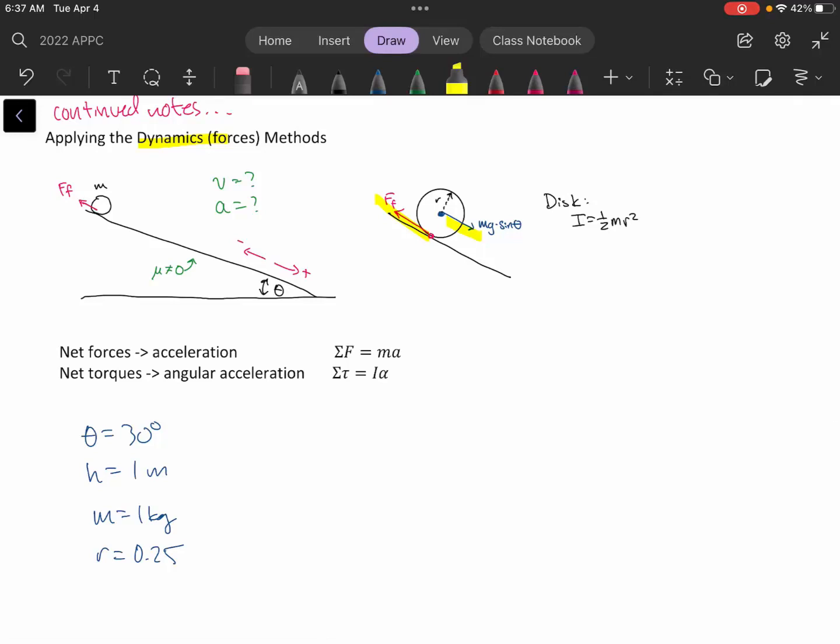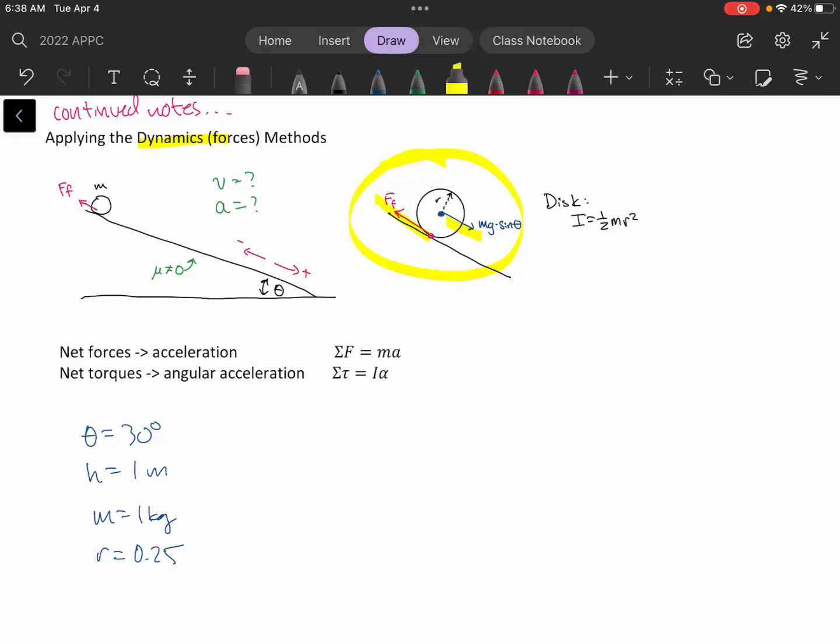So there's going to be a torque applied by the friction, but there's going to be a net force on the object from those two forces acting on it from outside. The surface resisting its motion downhill and gravity trying to encourage its motion downhill.